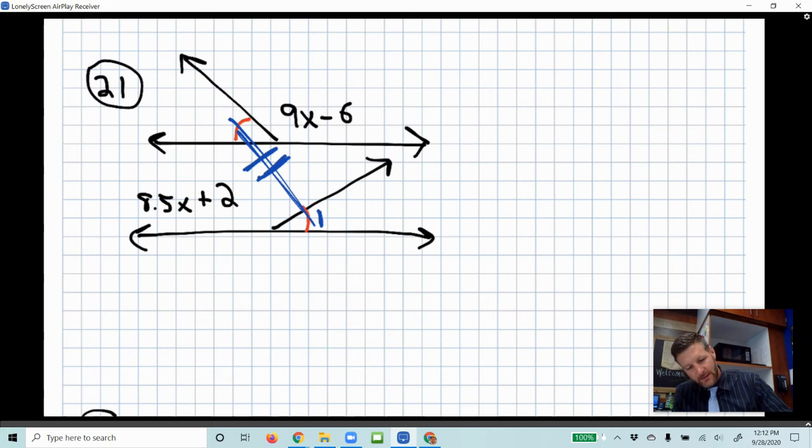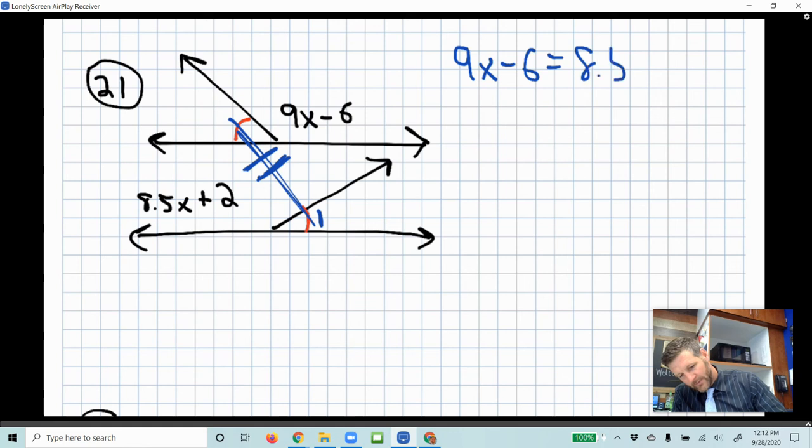So all that to be said, we know that we can set these two equations equal to each other and solve for them. 9x minus 6 is the same as 8.5x plus 2. Anyway, we'll keep going. So let's go ahead and pull out our algebra. We're going to subtract 8.5x to put our x's together.